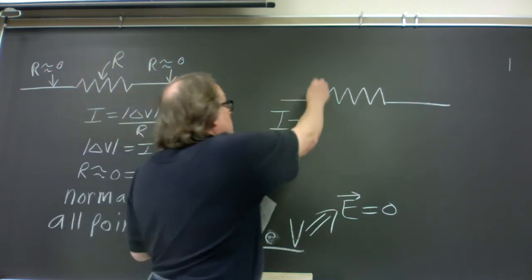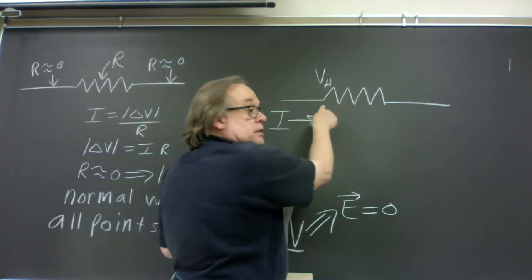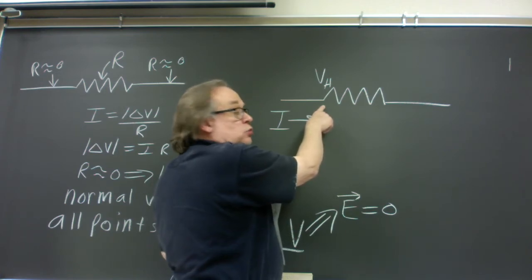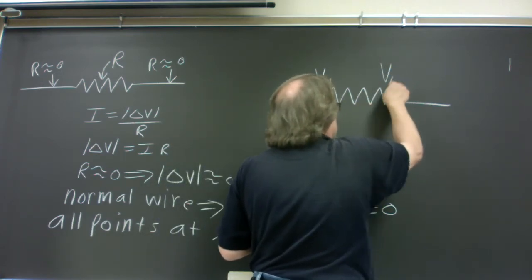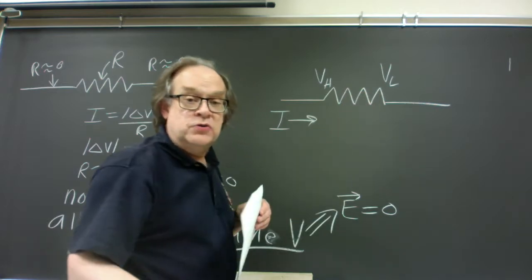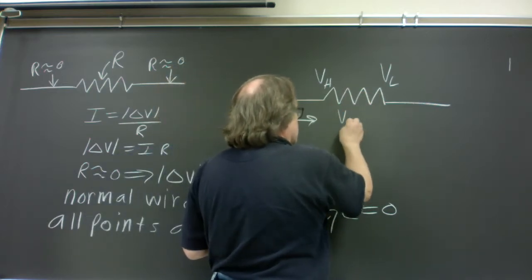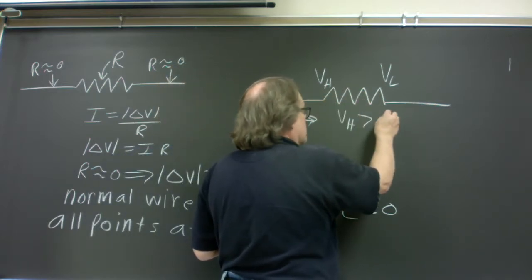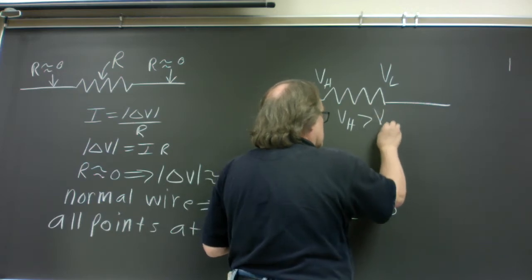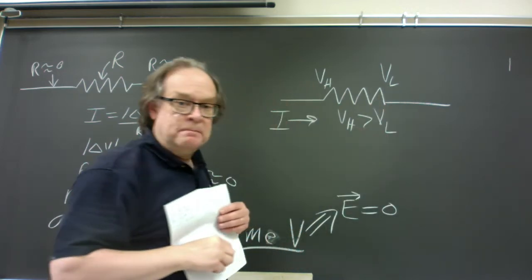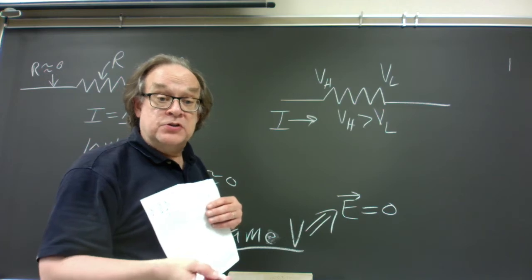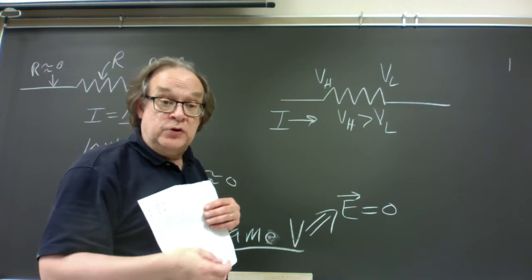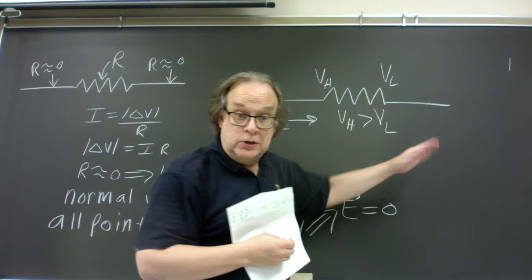But let's say that here, the potential right here is, we'll call it V high, and V low, so of course higher potential here, lower potential here, and where there's a potential difference there's an electric field, and the electric field always points from higher towards lower potential.